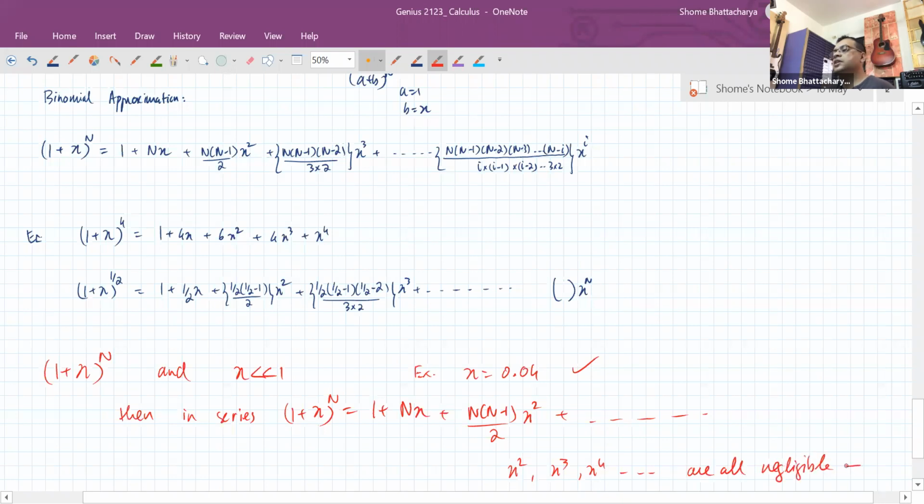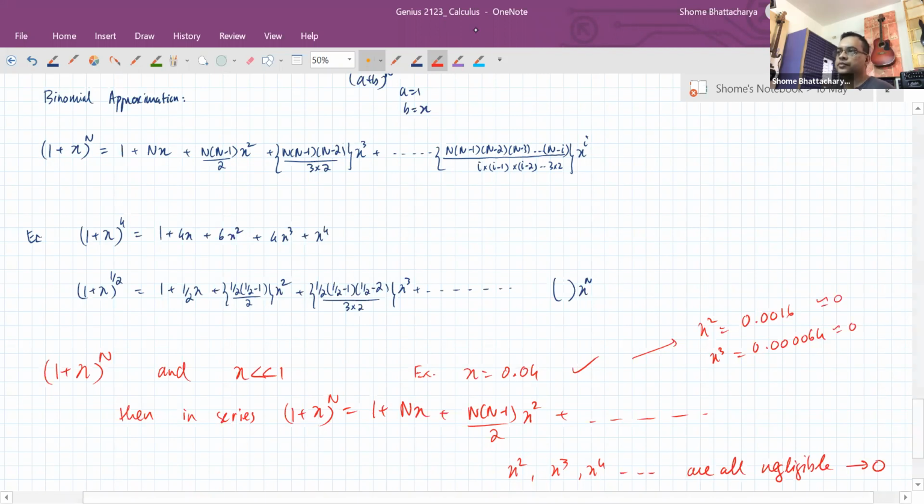Okay, so that means they are tending to 0, because x is very small compared to 1. So here, for example, you can see that x² will be 0.0016. Okay, x³ will be 0.000064. Okay. So these are all negligible.